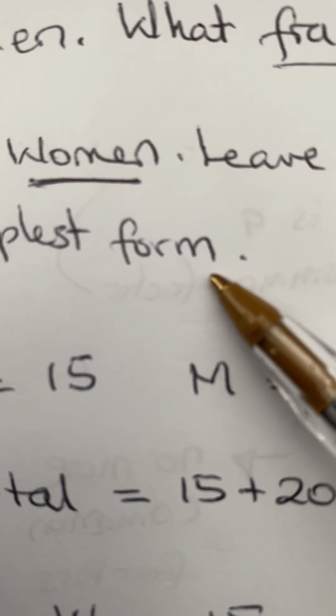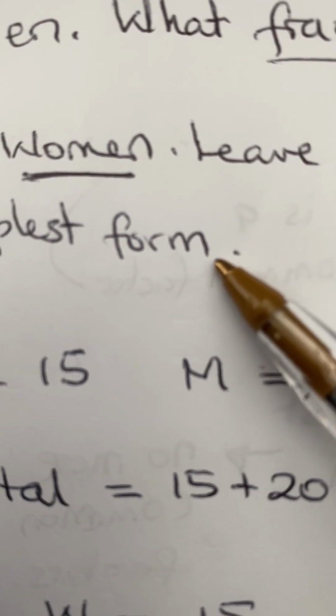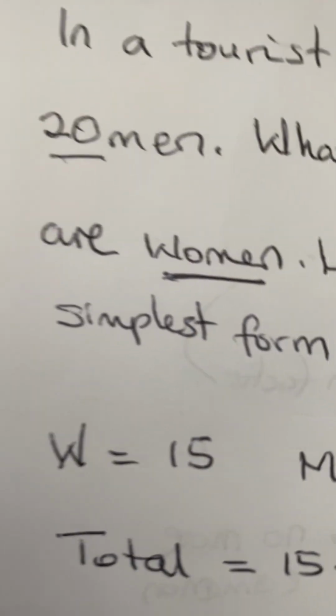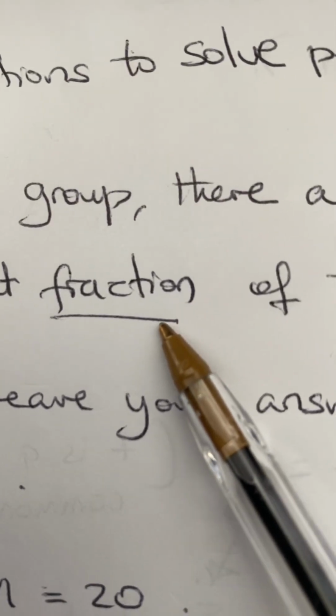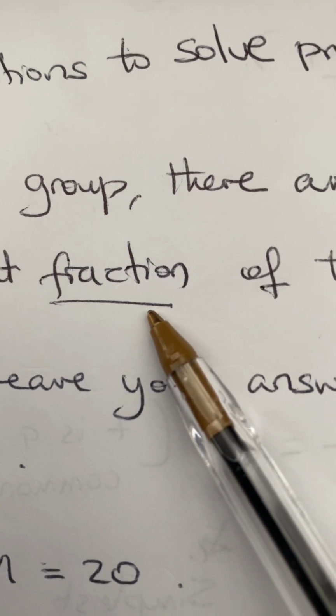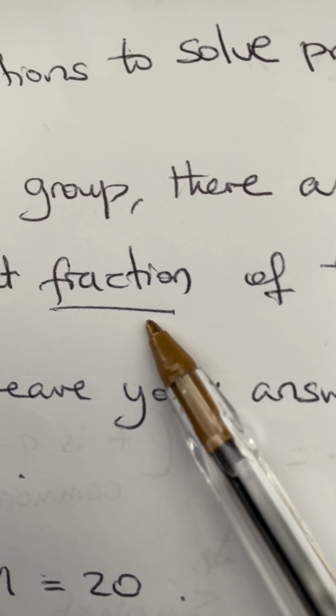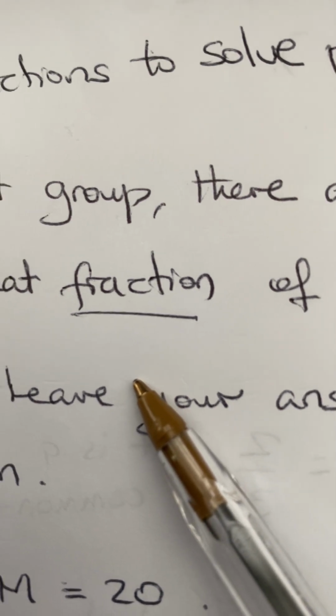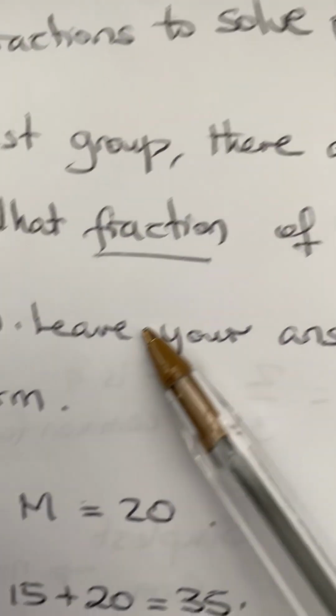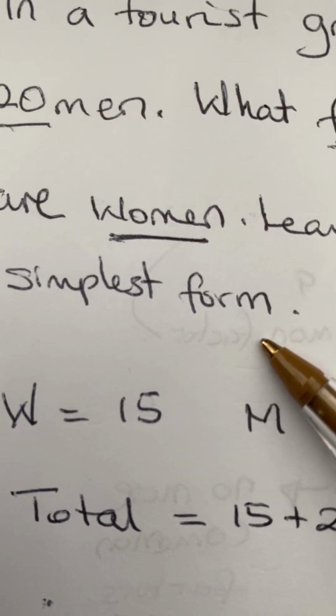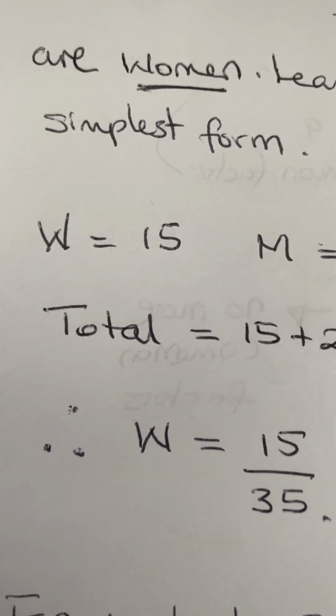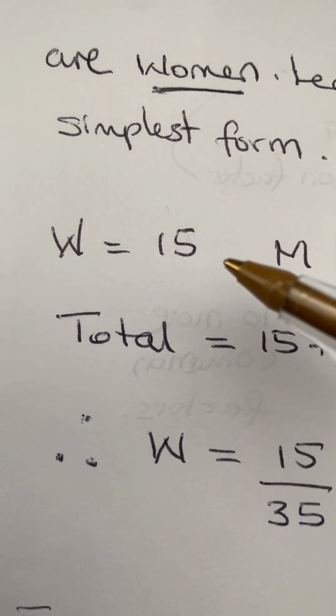So straight away you should be thinking about fractions, because they said what fraction. So your answer will be a fraction, and you have to leave it in its simplest form, or the lowest form.